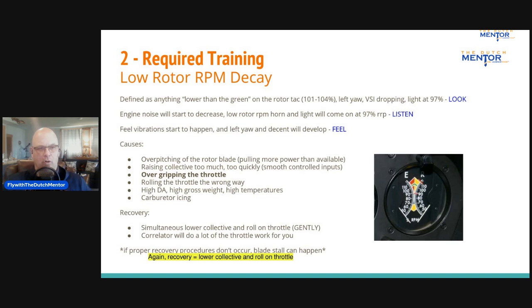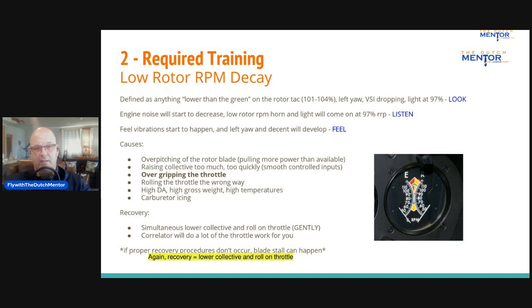A lesser form is that if we are flying along, we always see an audible and visual alert that tells us our rotor RPM is now below 97%, right? So we want to always scan. If something happens, we can have a left yaw of the nose if there's rotor RPM decay, requiring right pedal input.